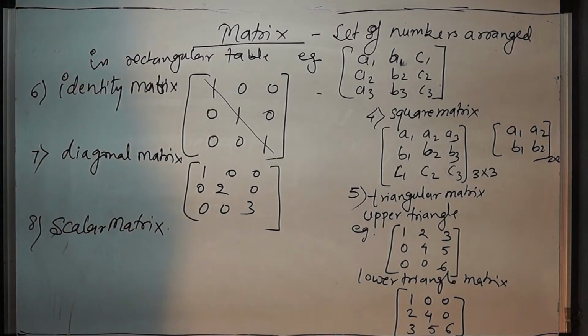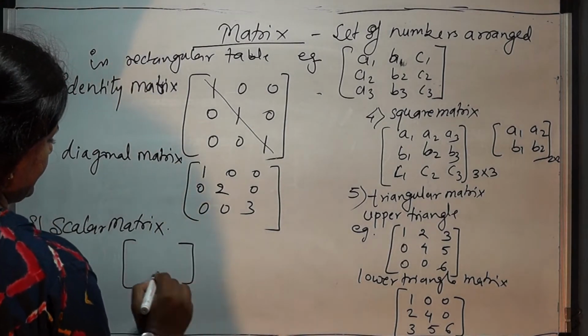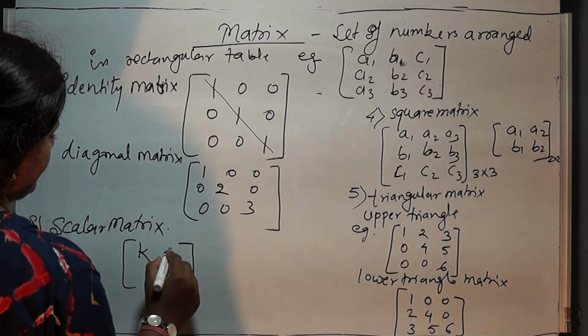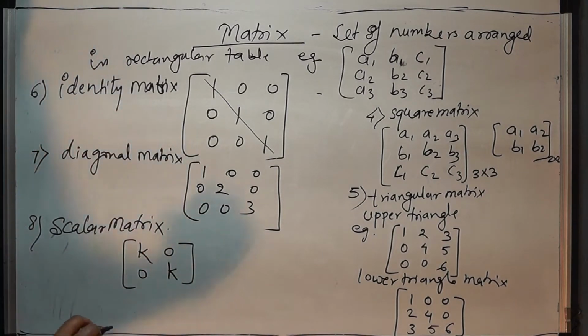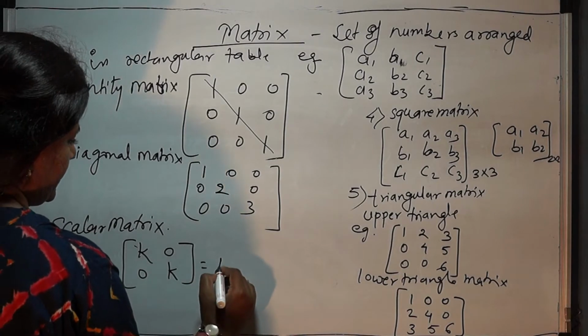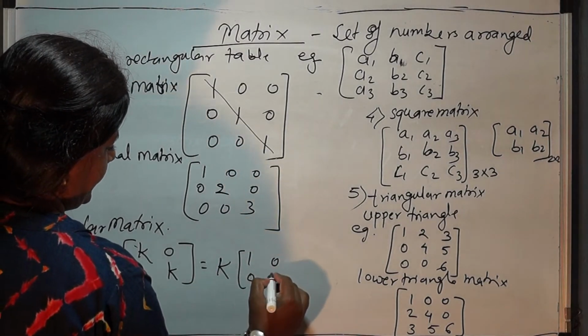Scalar matrix. In a scalar matrix, diagonally the same elements are there, and the others are 0. So same elements means what? K into identity matrix.